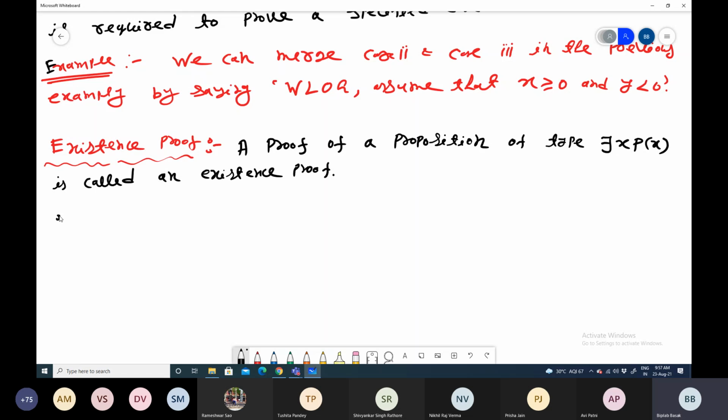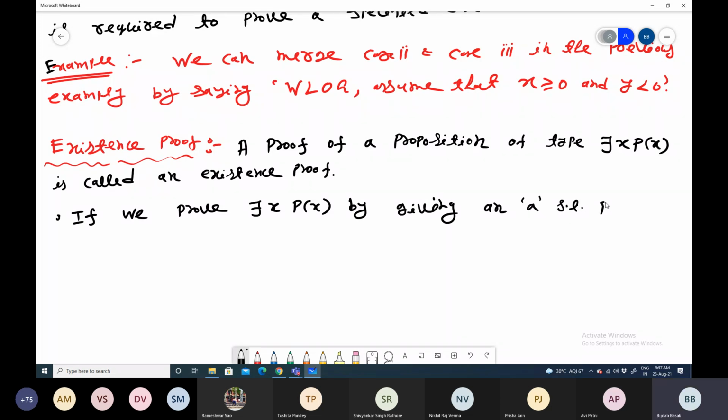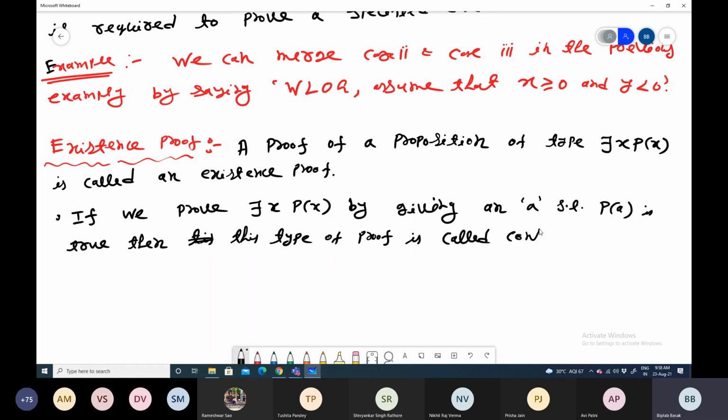So the first one is, if we prove "there exists x, P(x)" by giving an A such that P(A) is true, then this type of proof is called constructive.